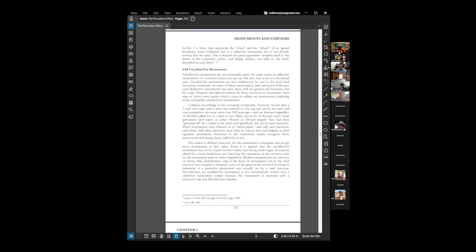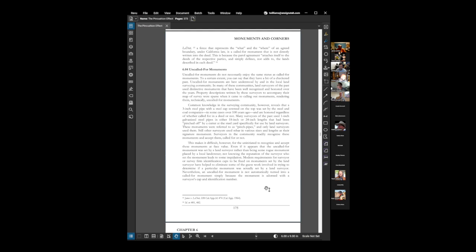All of these things would call that in and show the intent of the grantor to go to that monument. Those monuments have the authority of an original monument, and if their location is the same, they are conclusive against the boundary.